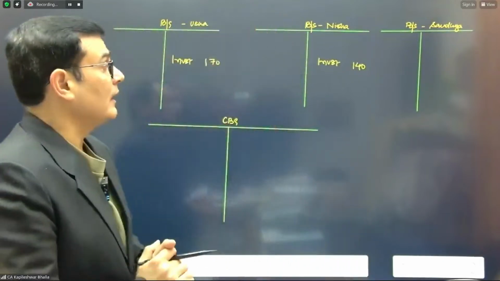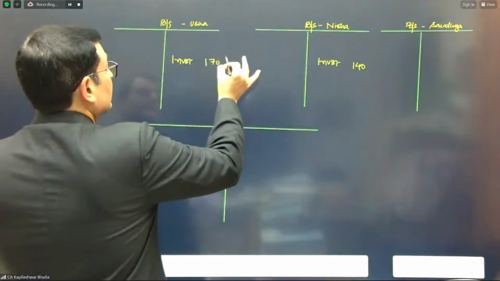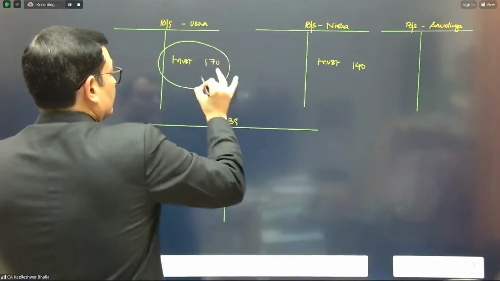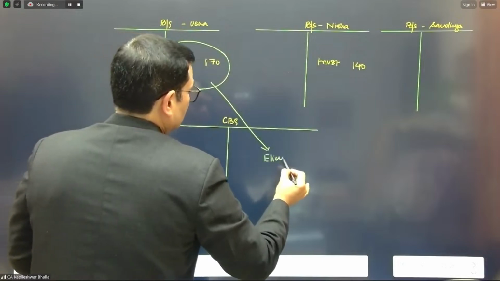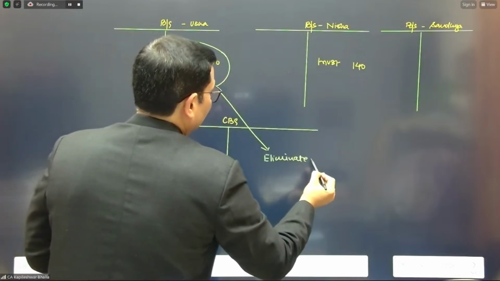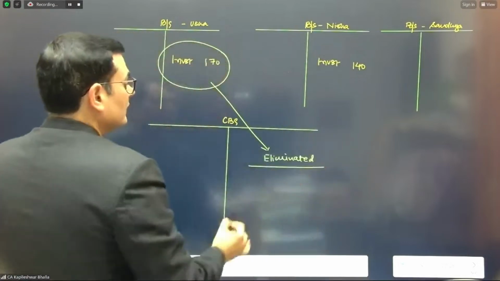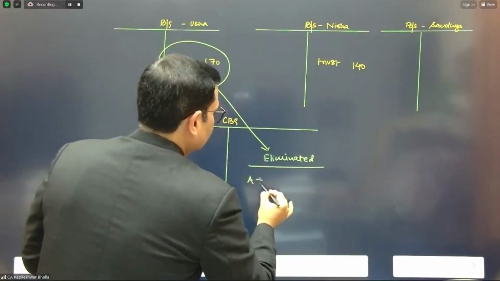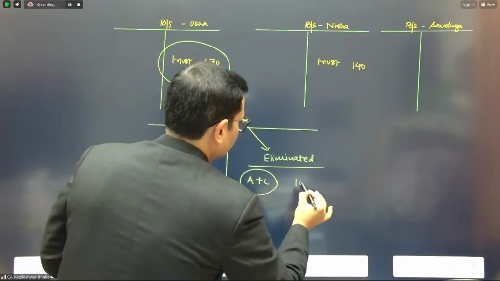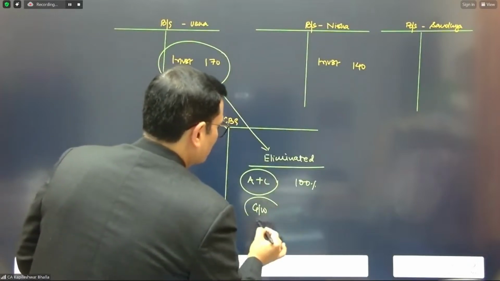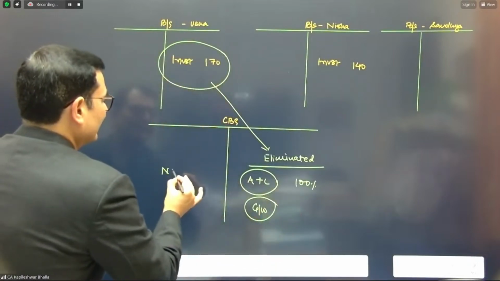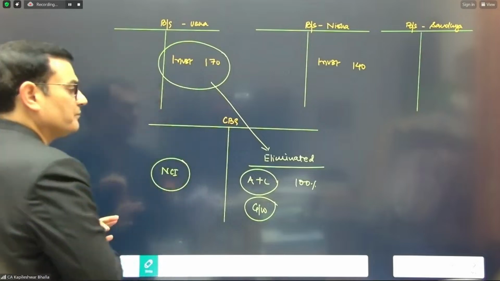And if you recall, I had given you that this investment gets eliminated. This investment gets eliminated. And what takes place is you aggregate all the assets and liabilities 100%. You represent a goodwill, that is 2, and you represent an NCI, that is 3.